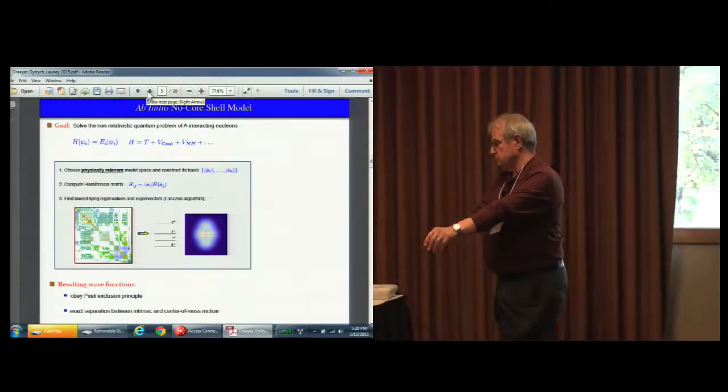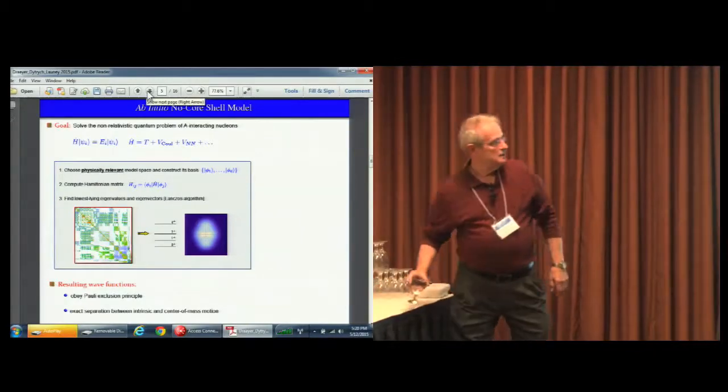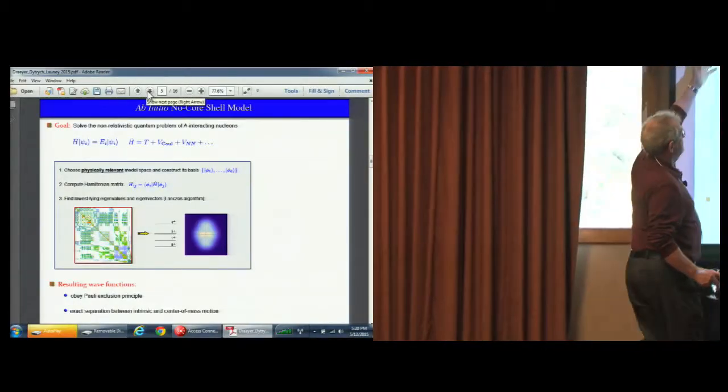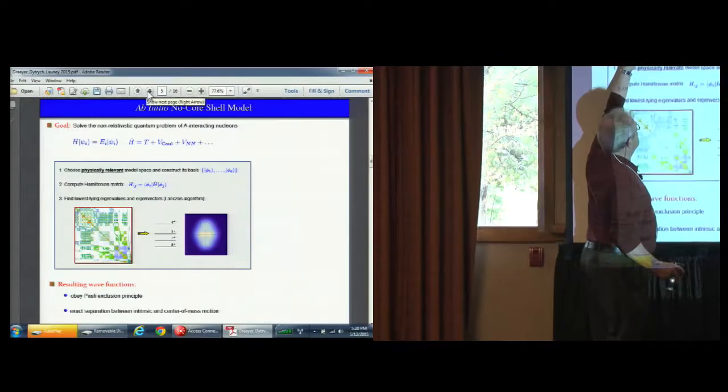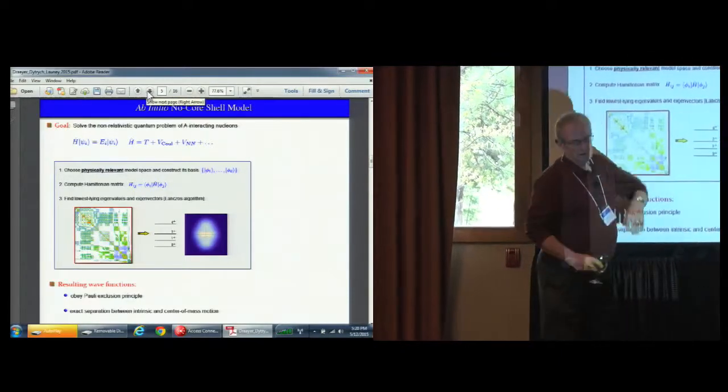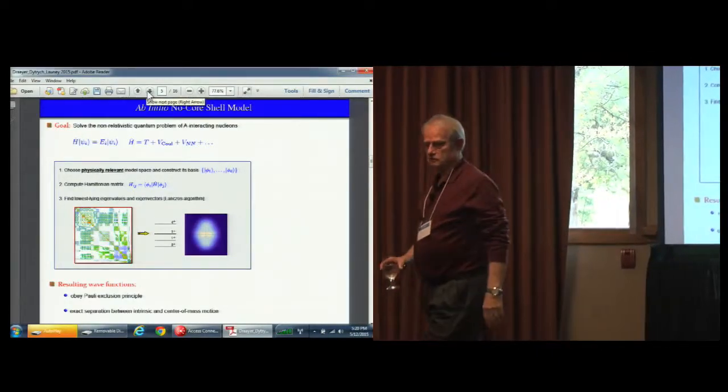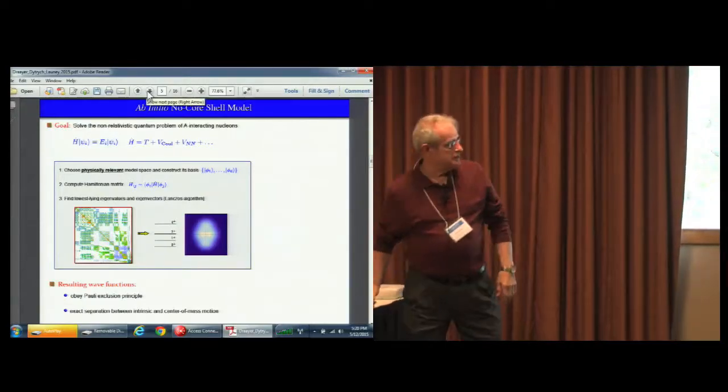So basically, what does it boil down to? It boils down to a Hamiltonian theory. That's where the Hamiltonian acts on basis states to form a matrix, and ultimately you're going to solve a large matrix.